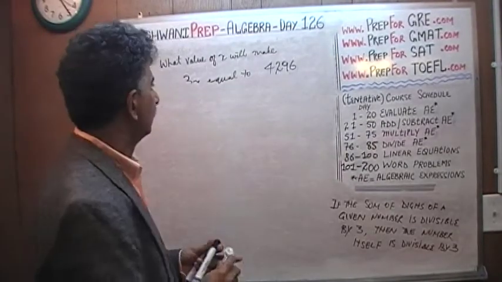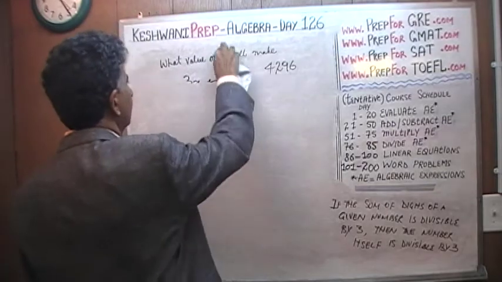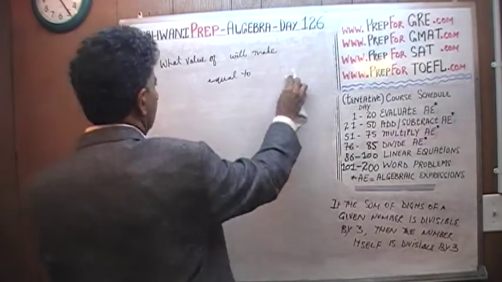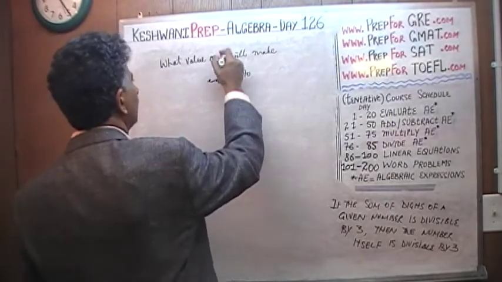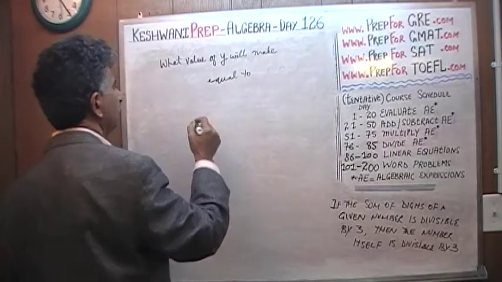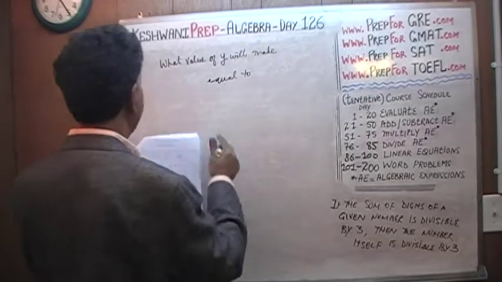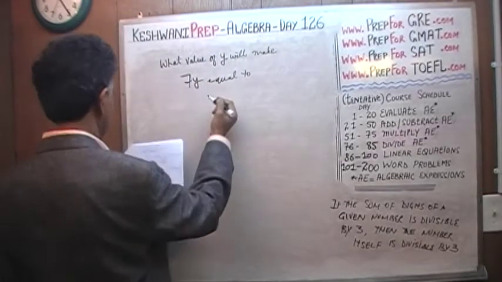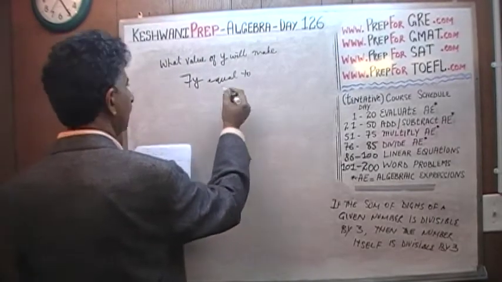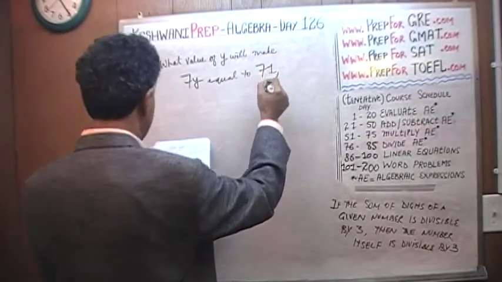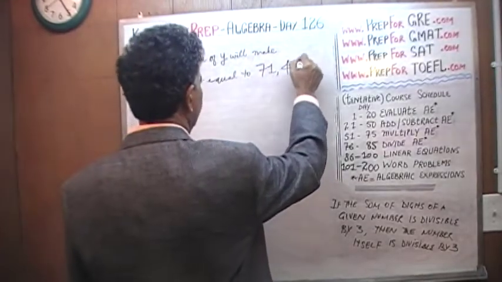What value of x, or let's change the variable, what value of y will make 7y equal to 71,463?